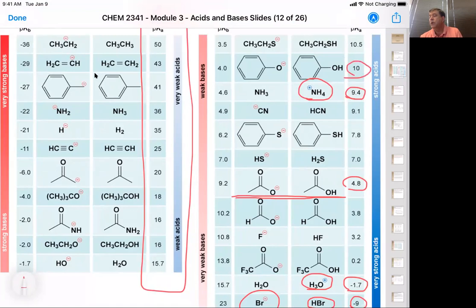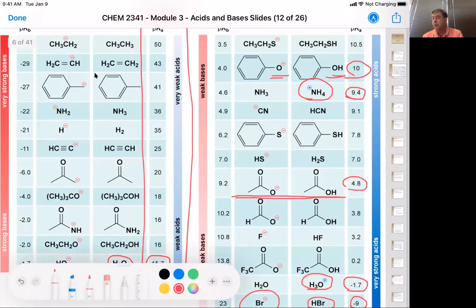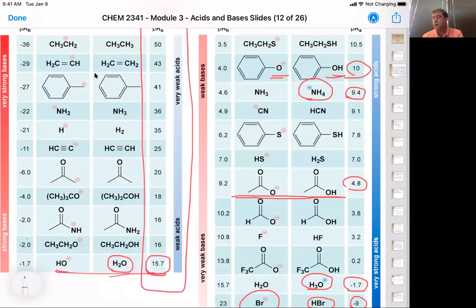So we're going to learn this group a little bit more next semester, but that's just an alcohol with a phenyl ring on it. Then if we look at water, water is actually acidic or basic, right? But it has a pKa of 15.7. That's one you're going to want to memorize. So definitely memorize everything in blue here.